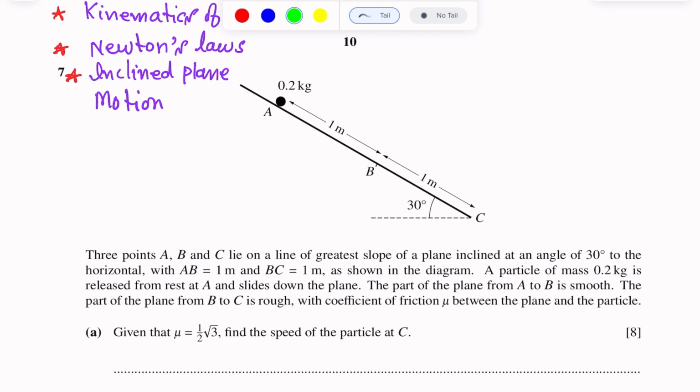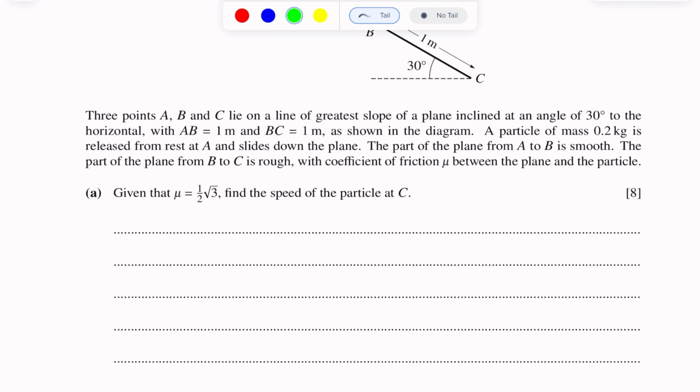In this part, we have to find the speed of this particle at point C. So first of all, we will find the speed of this particle after releasing. We will find the speed of this particle at point B. At point B, we have this data.